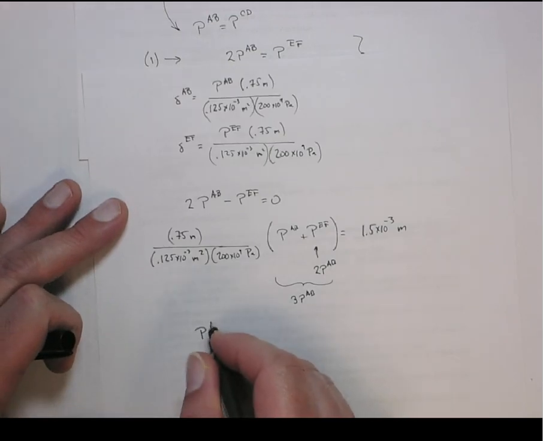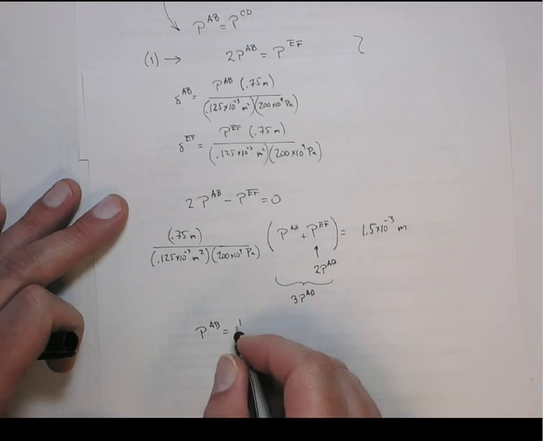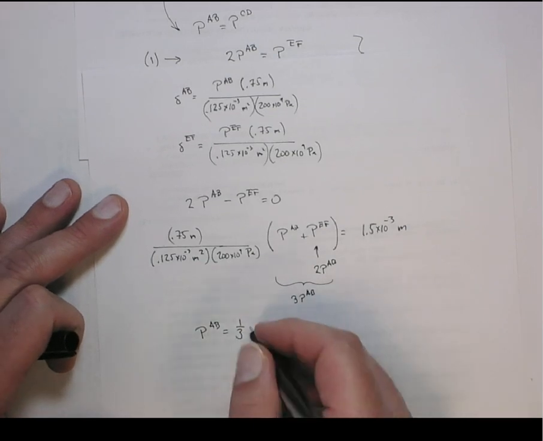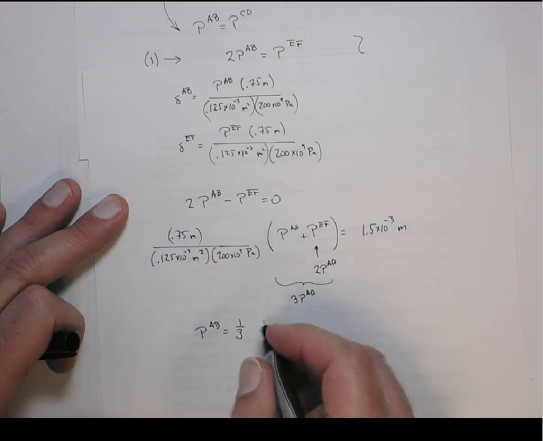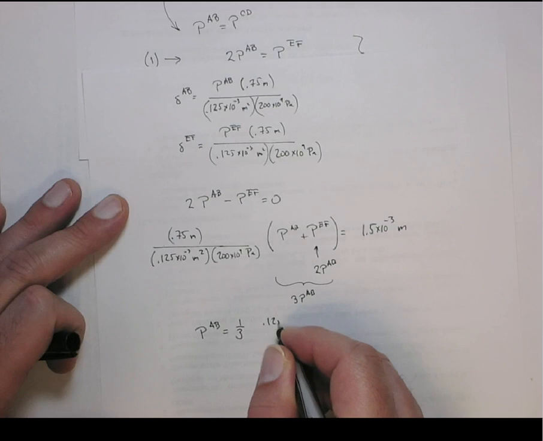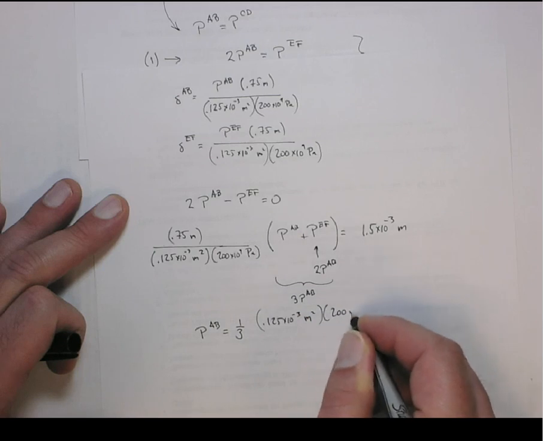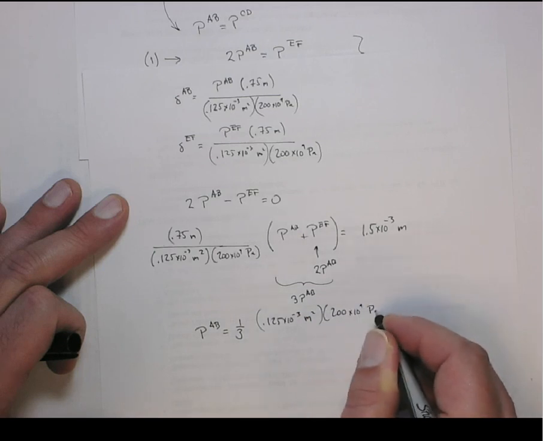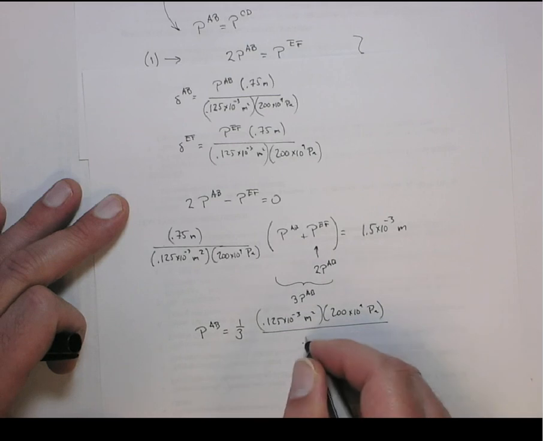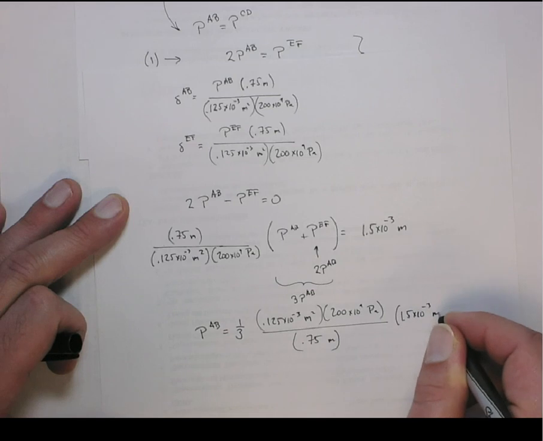So PAB is going to be 1/3 of, we're going to divide by that, multiply by the reciprocal, 0.125 times 10 to the minus third meters squared, 200 times 10 to the ninth pascals, over 0.75 meters, times the 1.5 times 10 to the minus third meters.